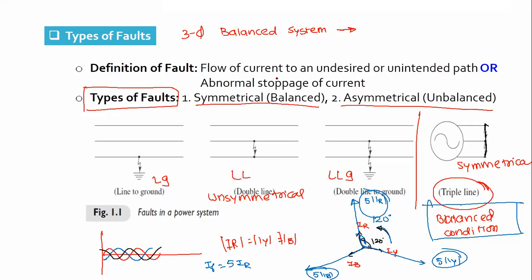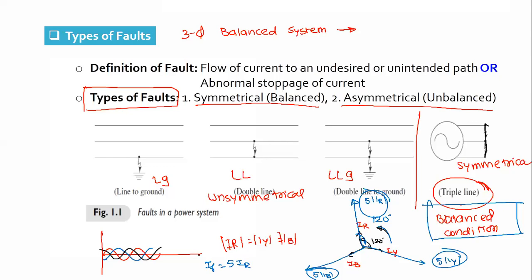Do we need to solve three equations if the system is in balance condition? What do you consider for the analysis?